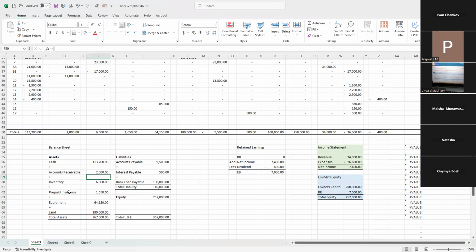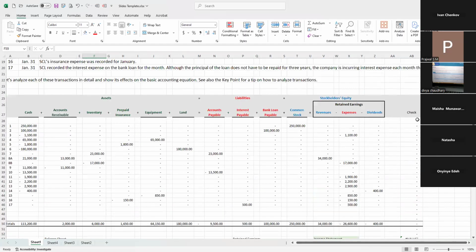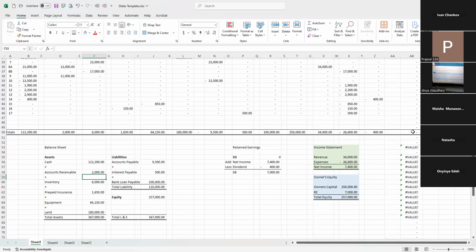Why are we in balance? Because assets equal liabilities plus equity. On this chart, everywhere we are in balance. As long as you keep that one in balance, everywhere will be in balance. Make sense? That's your key here.